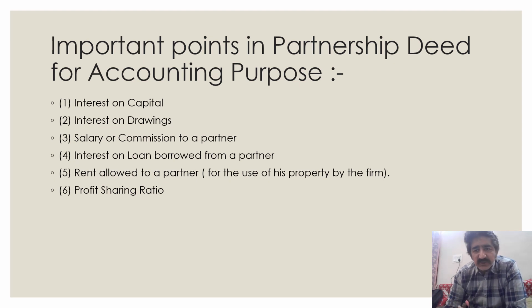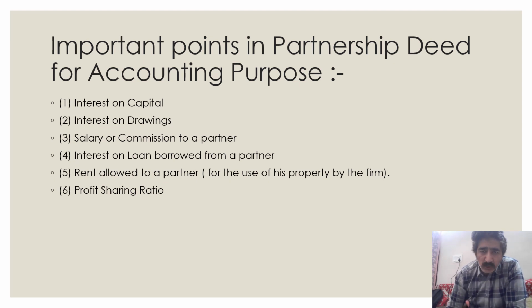The first one is interest on capital. Now, interest on capital is being provided to the partnership firm by the partners. So, in return, the partnership firm will pay interest on that capital to the partners. We'll be discussing this in detail. Number two is interest on drawings.